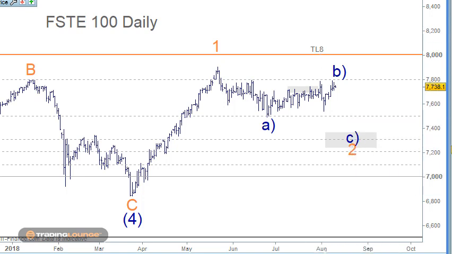Now, this particular move going up here, we're counting it in 5 waves. So we've got 1 and 2, and we've got the 3rd wave now, so the 4th wave and the 5th wave. And at that point, then we can see it come down for the 5 waves at that stage here.